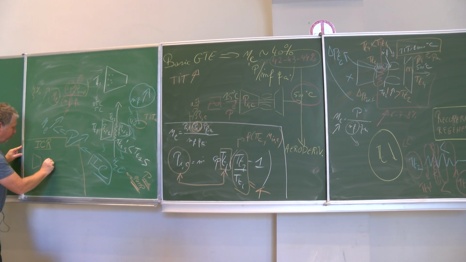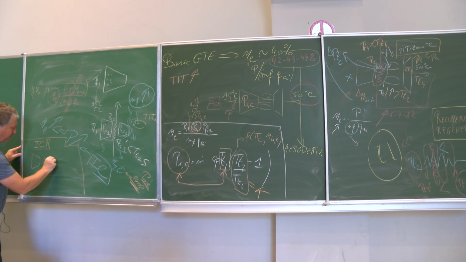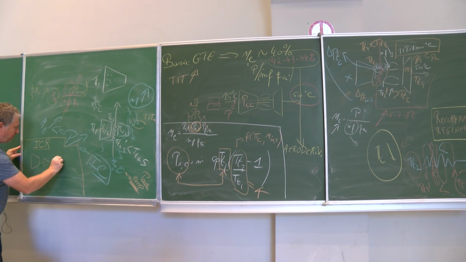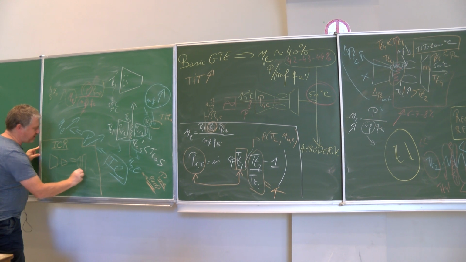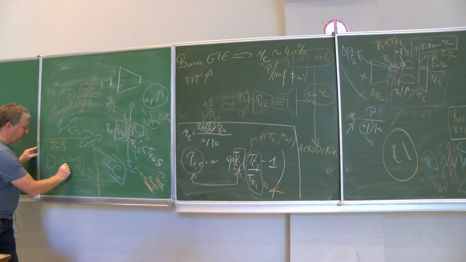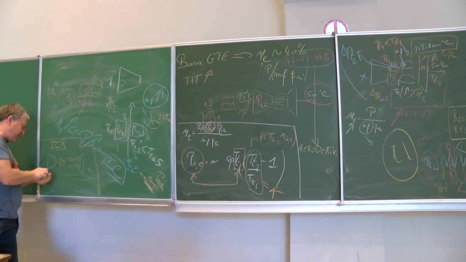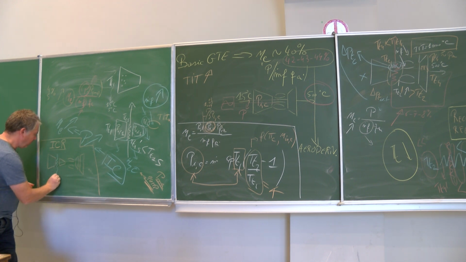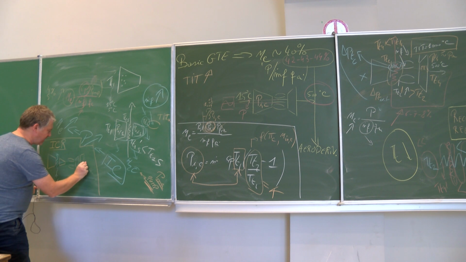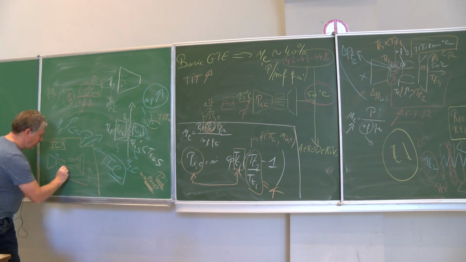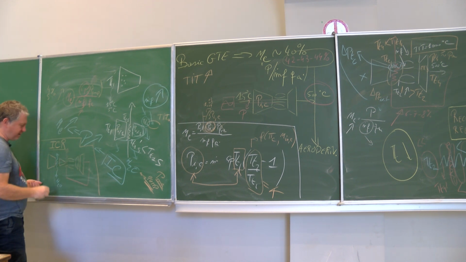So you do something like this. Most probably you will split up the turbine into 2 parts. I will come back on that. And you have a first heat exchanger here with water, and you have a second heat exchanger here with the hot gases.